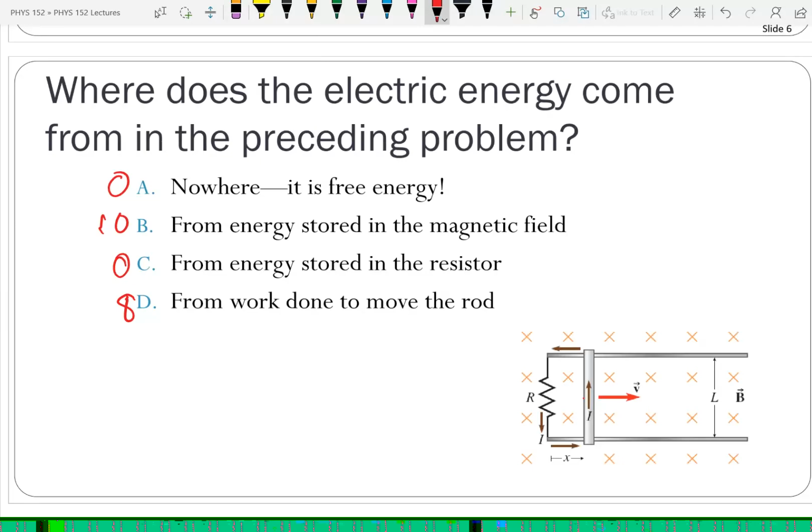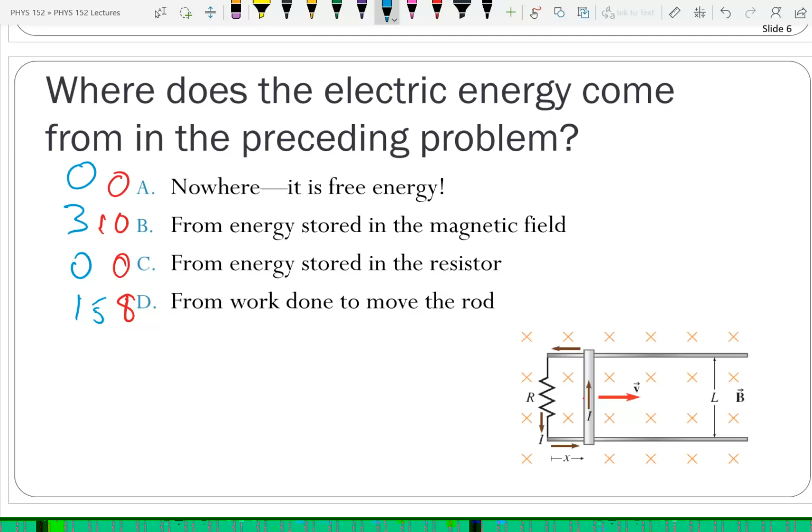Okay, this time around, we have a very different answer. We had a majority before that said it came from energy stored in the magnetic field. Now we have a majority that says that it's work done to move the rod. Now, instead of calling on somebody, I'll start with the easy answer.